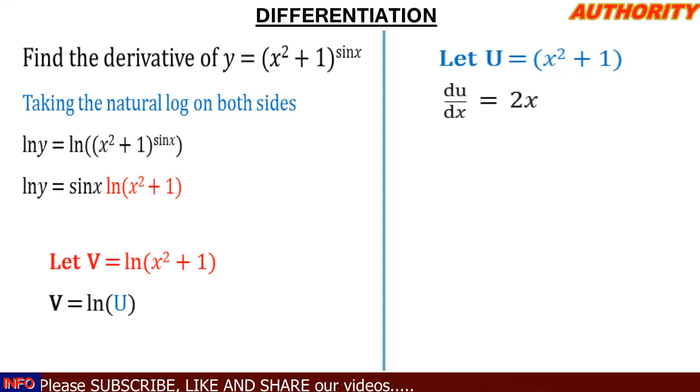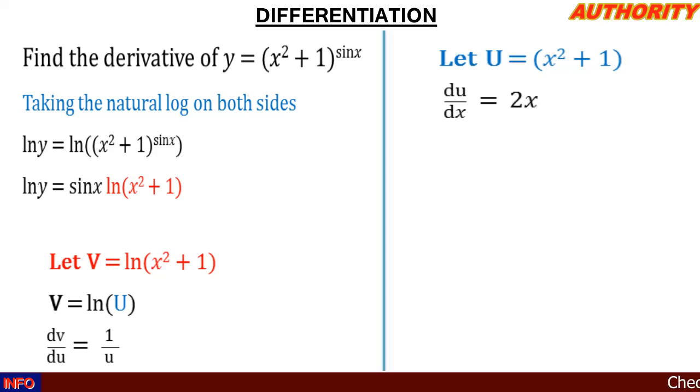There is no x here, so we find dv du, the derivative of v with respect to u. The dv du here is going to give us 1 all over u. But you discover that initially we are looking for the derivative of ln (x squared plus 1), and we say that this is v. That means we are actually looking for dv dx.